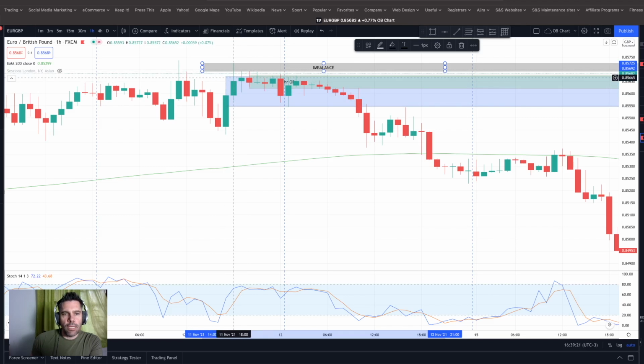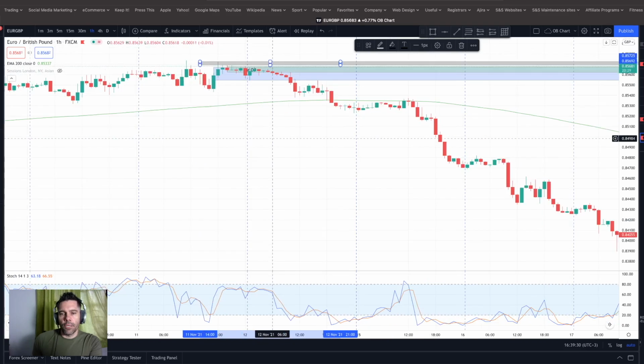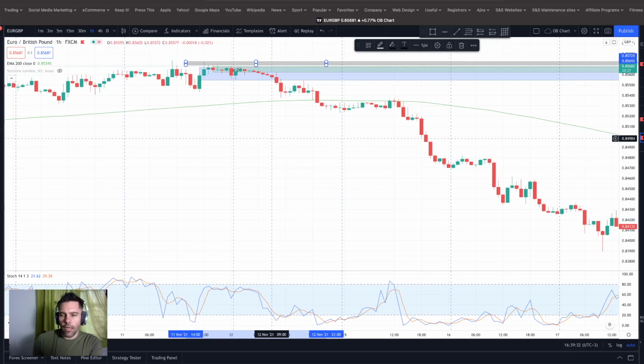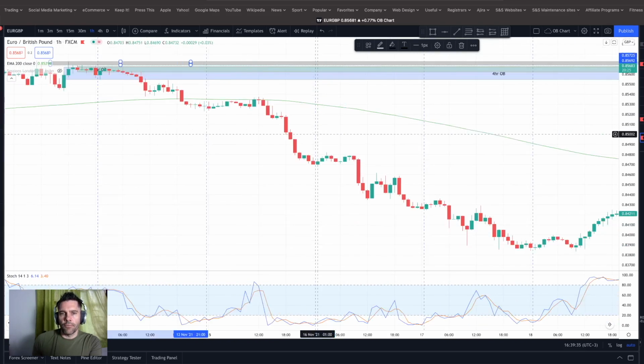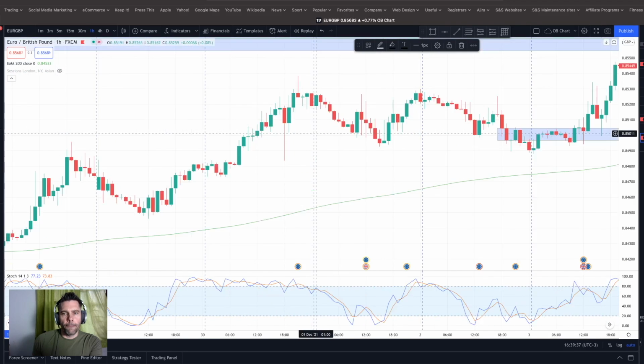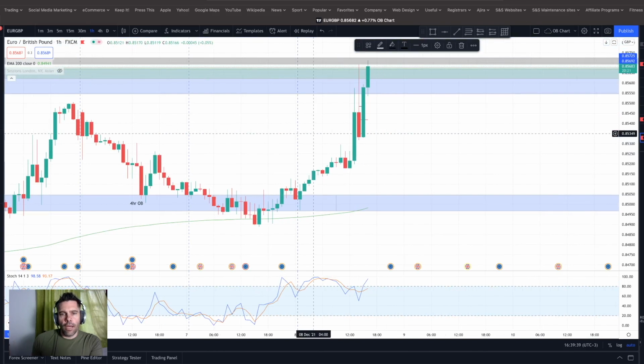To me it's the same. If I was able to go all the way down to the 1 minute, which I can't, I don't think I can even get to the 3 minute, because I'm still on the free version. As you can see, it actually tapped in perfectly.